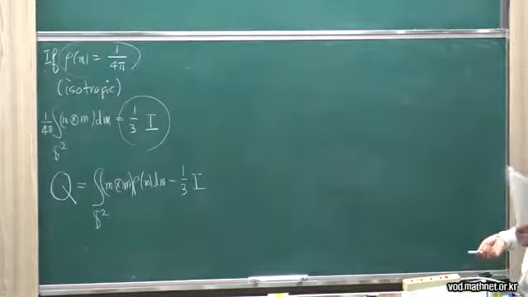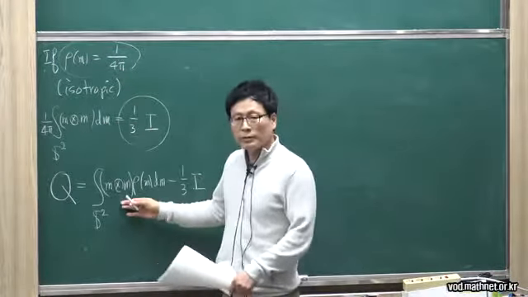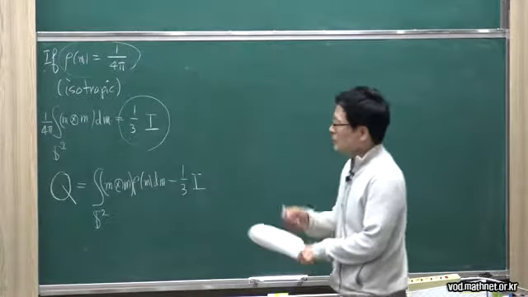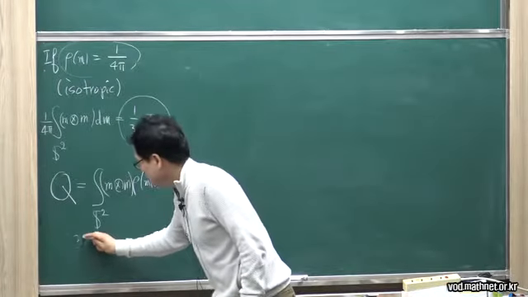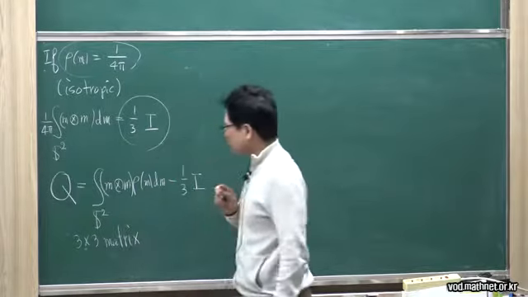This measures how the molecules deviate from the isotropic phase. So this is the definition of Q, and this is a 3x3 matrix.